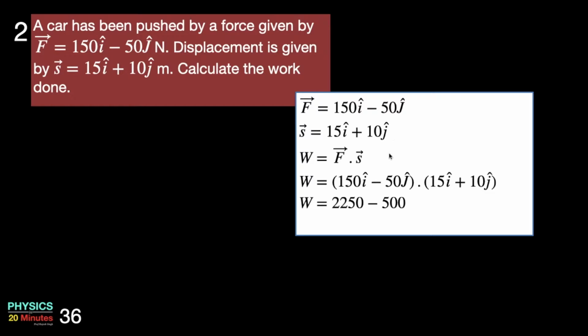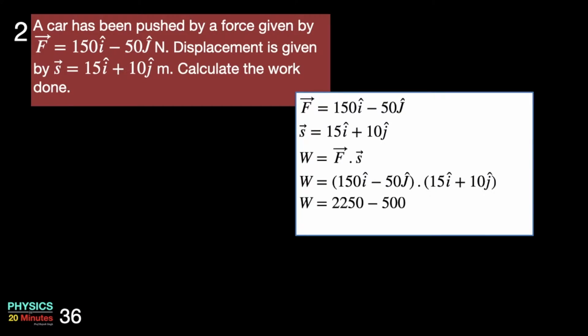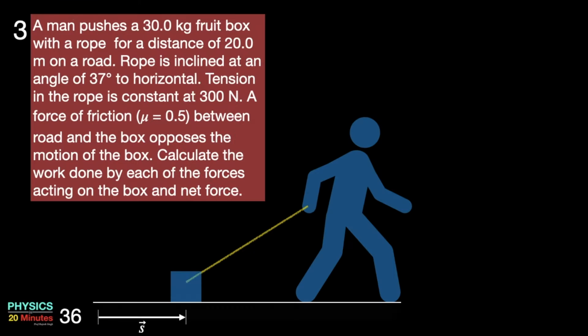So 150 into 15 will give me 2250, 50 into 10 will give me 500. Once I subtract, I will get 1750. Work done is given in joule. So 1750 joule.